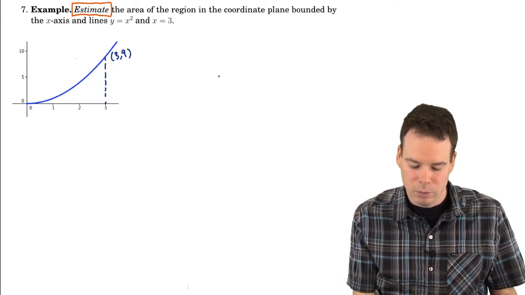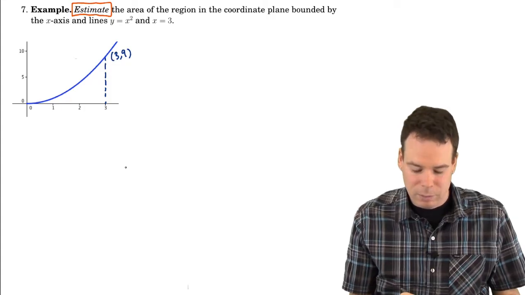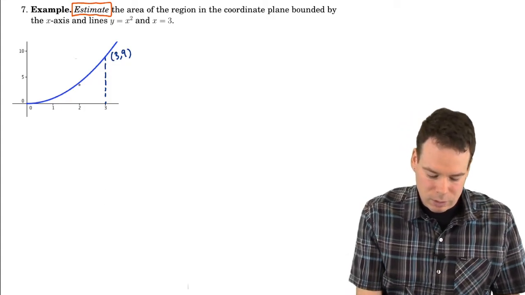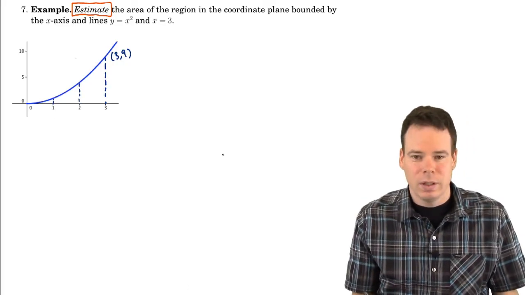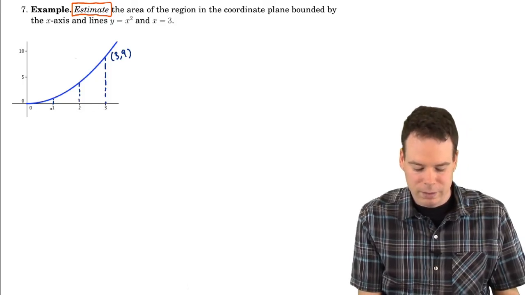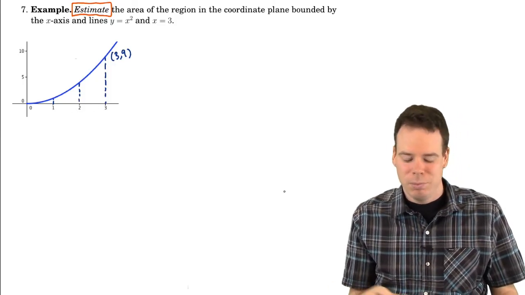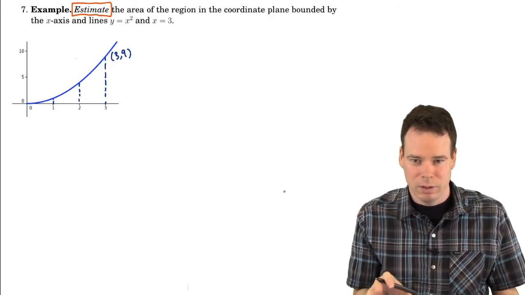Okay, so what can we do? Well, I want to use rectangles to estimate this area. So I'm going to slice up the region and then approximate each slice. Here I'm going to slice it up into 3 regions. And why 3? Well, because then each slice lands on a nice integer value, and it makes the calculations a little bit nicer for illustrative purposes.